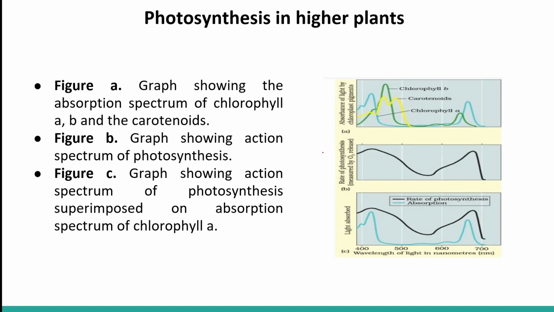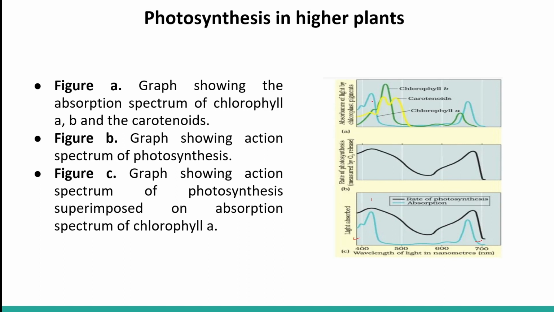So this is the graph. You can see in the first graph, figure A, it is showing the absorption spectrum of chlorophyll A, chlorophyll B, and the carotenoids. You can see chlorophyll A absorbs maximum at 400 nanometer of light. Here is the 400 nanometer, and this is the 700 nanometer.